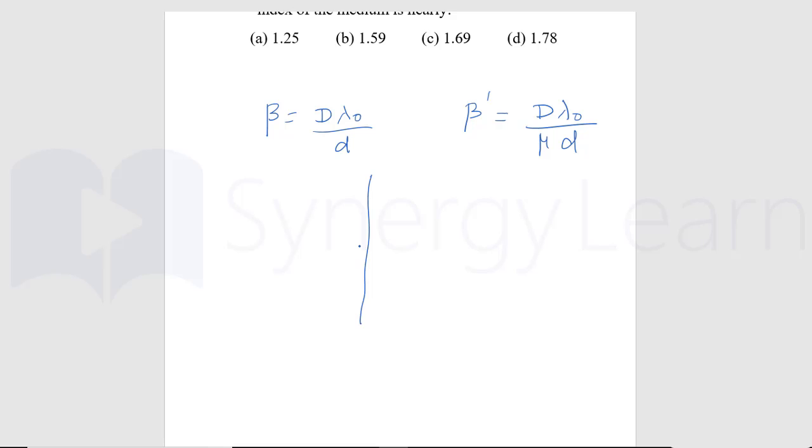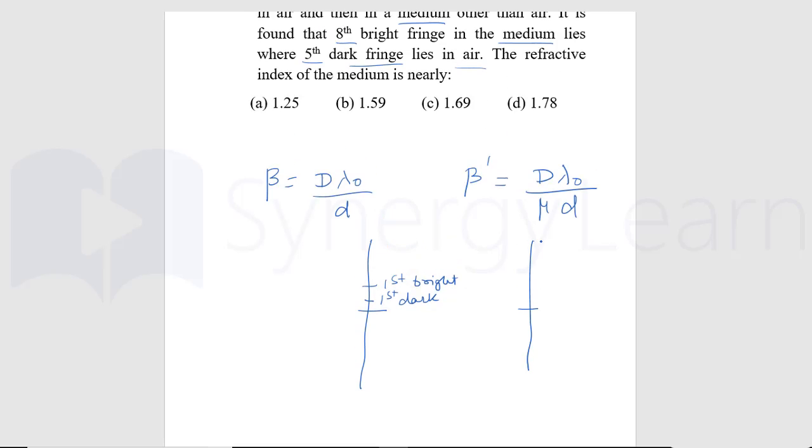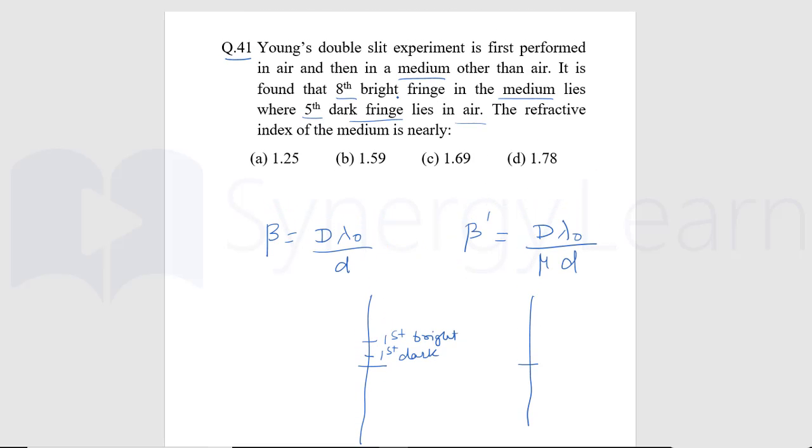So one thing about counting of the fringes is that the first dark appears before the first bright. So what we have to see here is the 8th bright fringe in the medium. So the 8th bright fringe will appear at 8 beta dash, because central is a bright, then first, second, third, fourth and 8th.